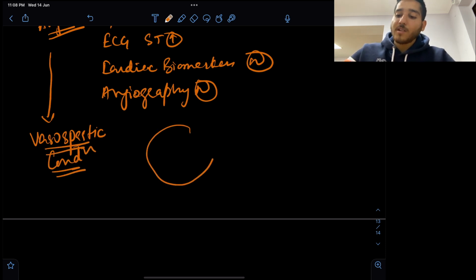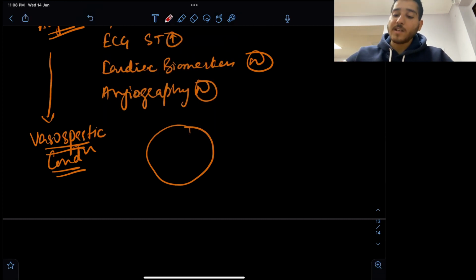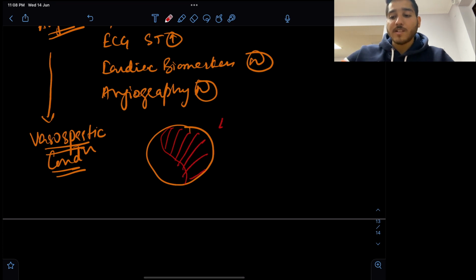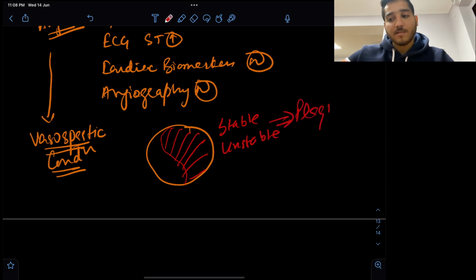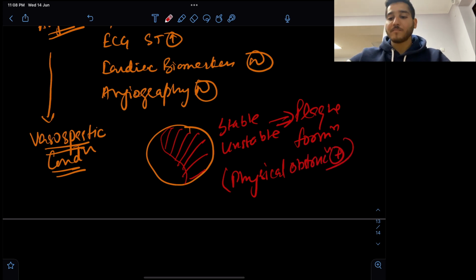This is a normal coronary vessel. In stable angina and unstable angina, we usually study about some plaque formation. So in stable and unstable angina, usually there is some plaque formation, so there is some physical obstruction present to blood flow towards myocardiocytes, right?